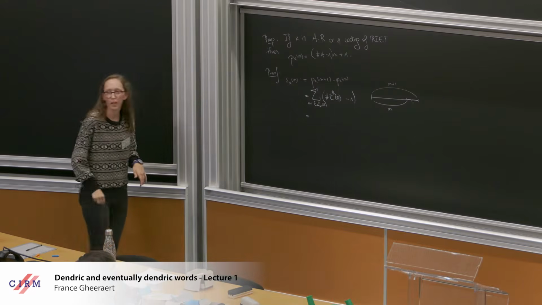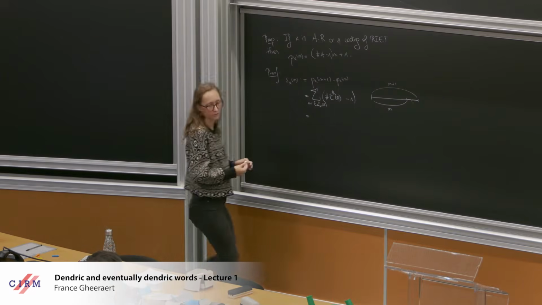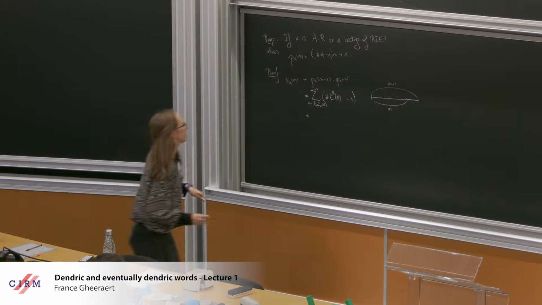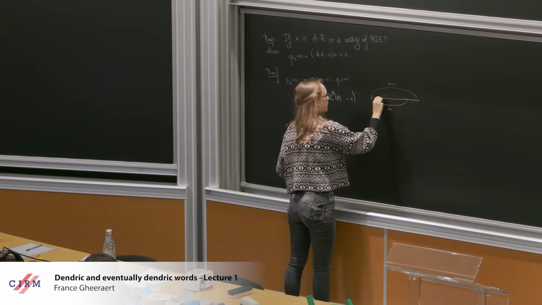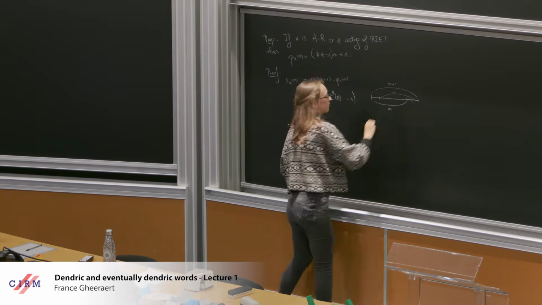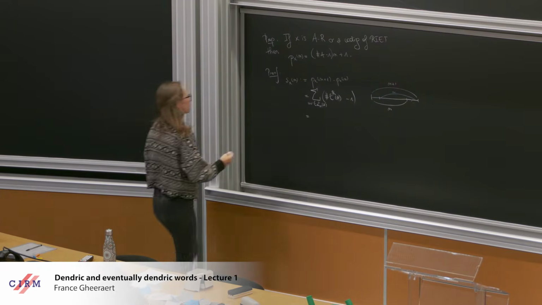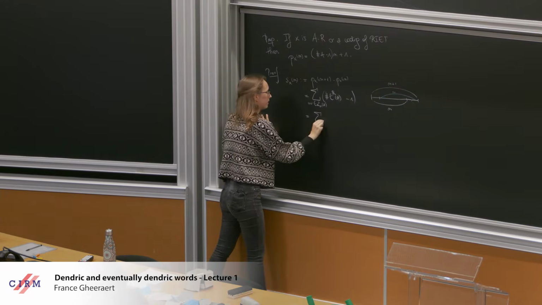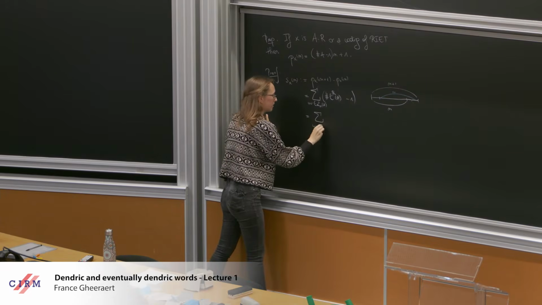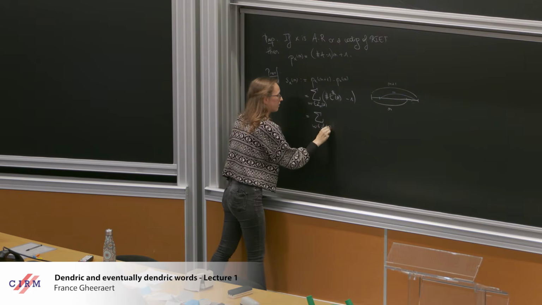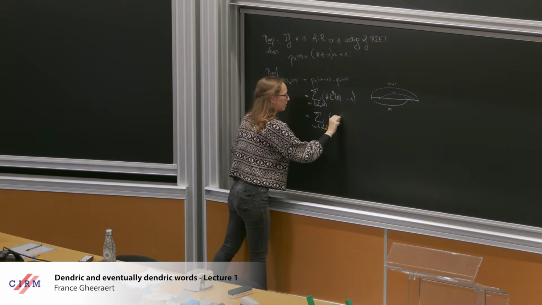Now, if I did it on the right, I can also do it on the left. So I can also say that my word of length n plus 1 is first a letter, then a word of length n. And so this exact same reasoning will give the formula, but for the left.